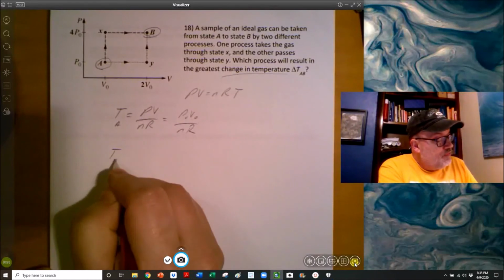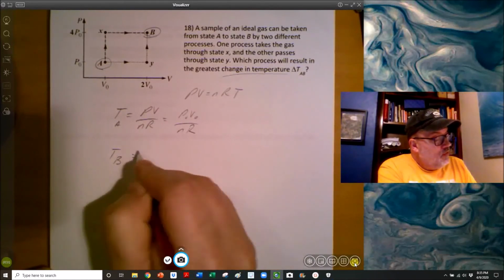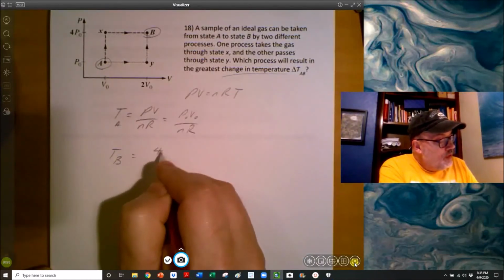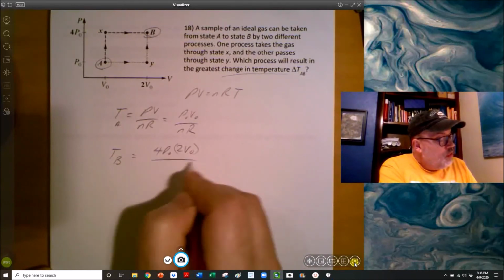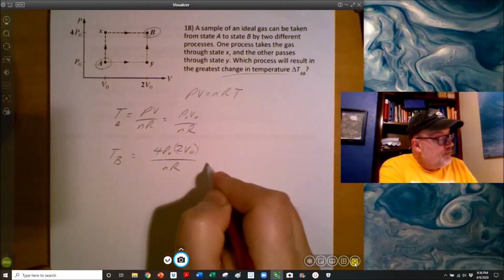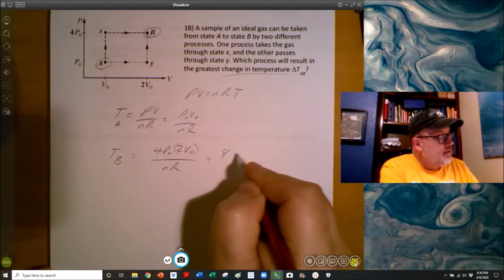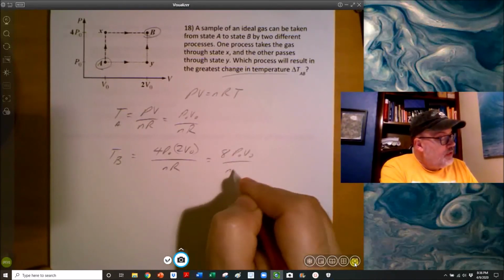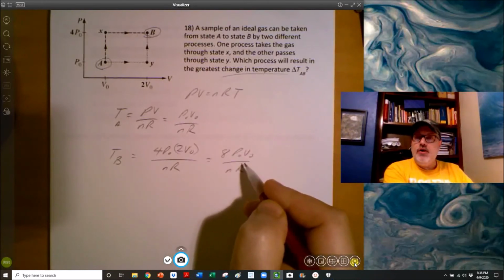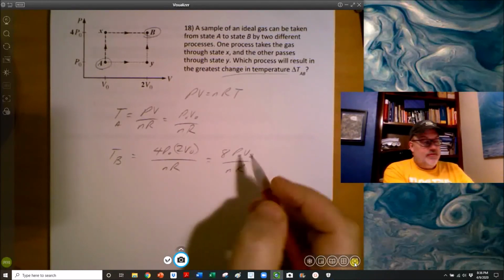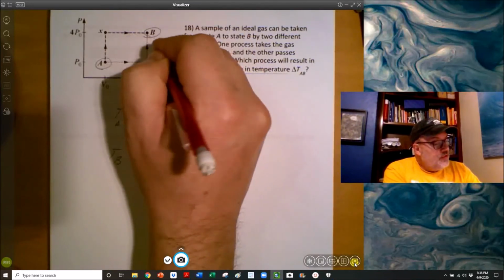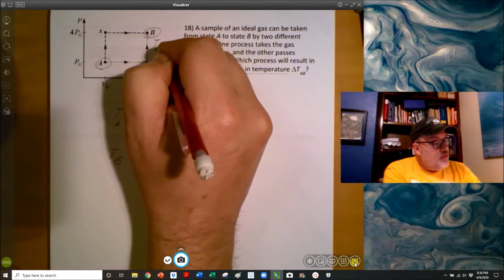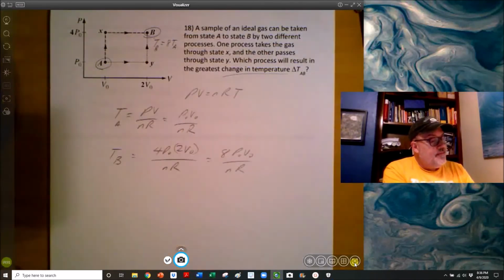And the temperature for B would equal 4 P naught times 2 V naught over nR, which is 8 P naught V naught over nR. So the temperature has gone up 8 times. So this spot right here has a temperature 8 times greater than that one. So TB equals 8 TA.